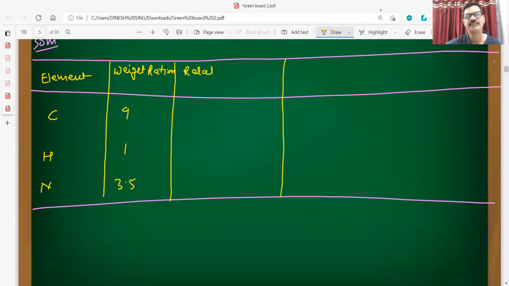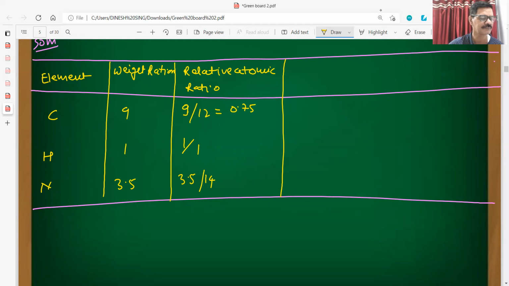The relative atomic ratio will be 9 divided by 12, 1 divided by 1, 3.5 divided by 14. So this value will be 0.75, 1, and 0.25.